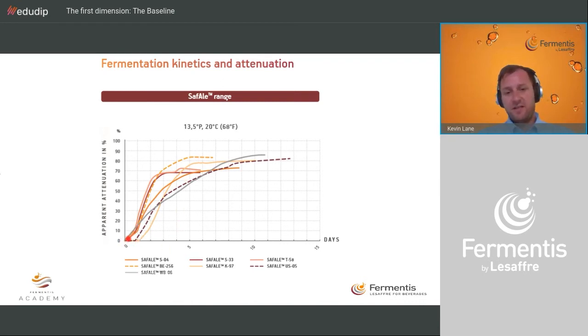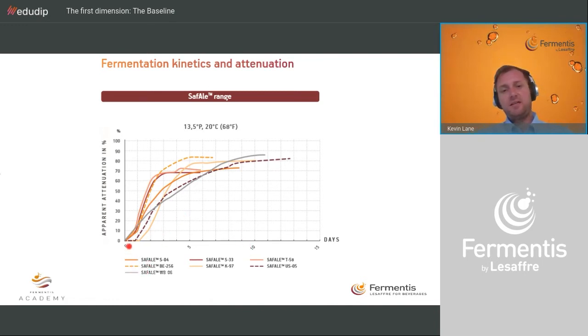Most of the strains take off right away, some much more aggressive, with very fast growth and fermentation. Some like WB06, which is the gray line here, take quite a while, over 10 days to ferment a 13.5 Plato. Same with USO5, which is this dashed dark purple line. And then there are some strains that are in between.